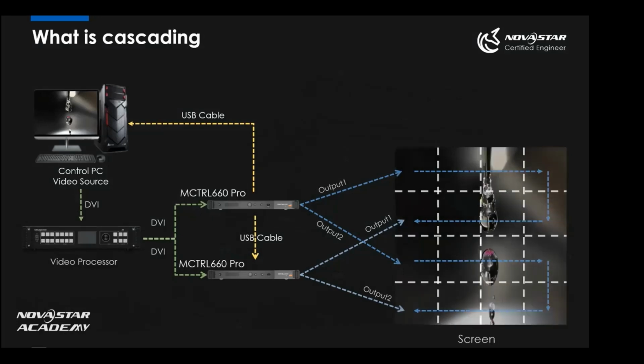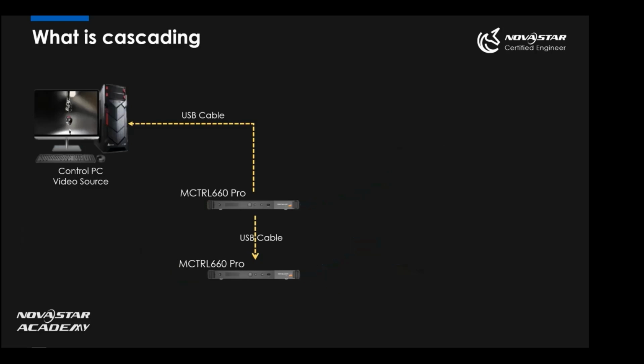So this is a LED control system. And we notice that there has one more USB cable connect the control PC with the sending card, and the first sending card connects the second sending card as well. So this is what we call cascading.